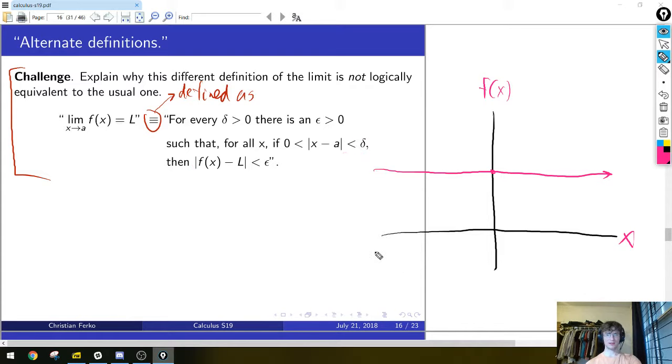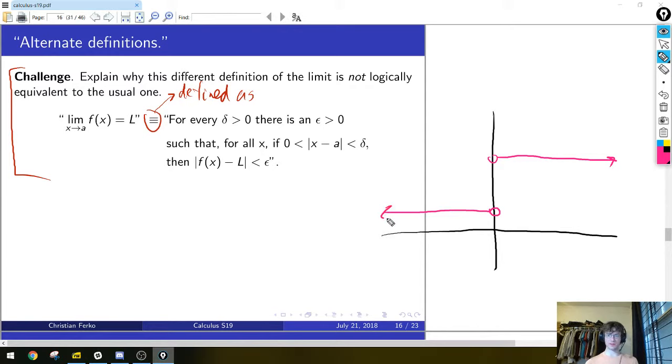Actually, wait, okay. Now I'm suddenly thinking that limits don't exist on a constant function. What happened? Okay, let's do a different one. So let's think of a limit that should not exist and try to show that with the new definition it does exist, because that'll give us another contradiction, right? So let's think of f of x, I don't know, this is 2 and this is 1.